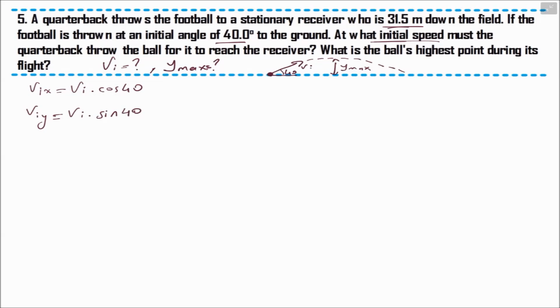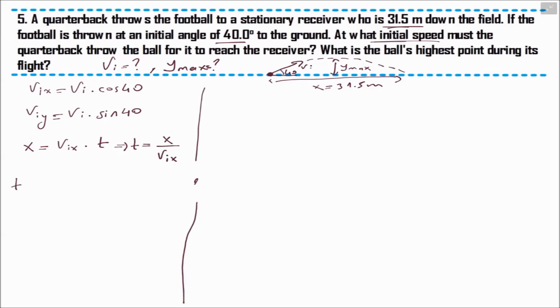all. Then we have to calculate the time with respect to v initial. So we can use the formula x equals v initial x times t, and x is given, 31.5 meters. So time equals x over v initial x. Time will be 31.5 over v initial times cosine 40.